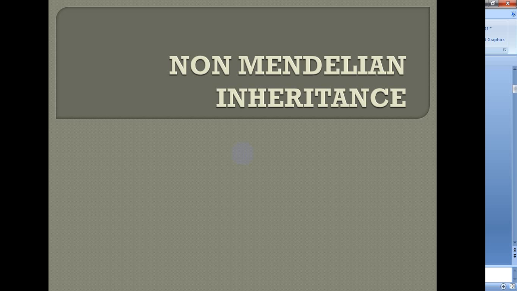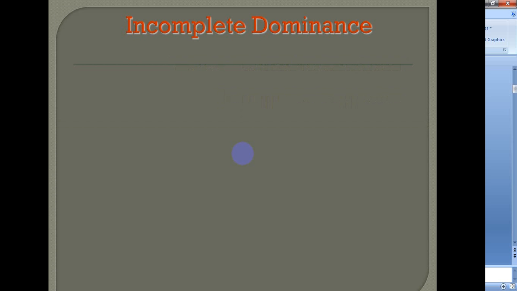So, whenever there is pleiotropy, or when a single character is governed by more than one gene, the inheritance doesn't follow the Mendelian pattern. We call this kind of inheritance non-Mendelian inheritance.